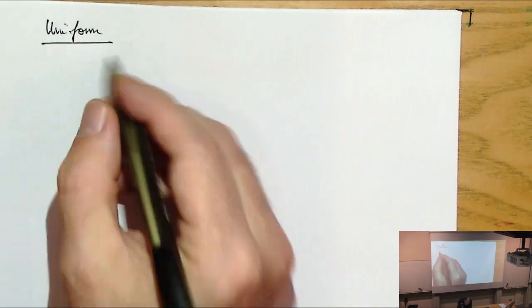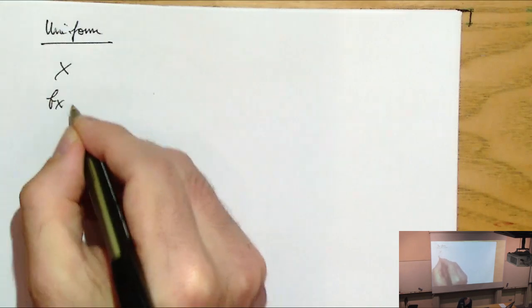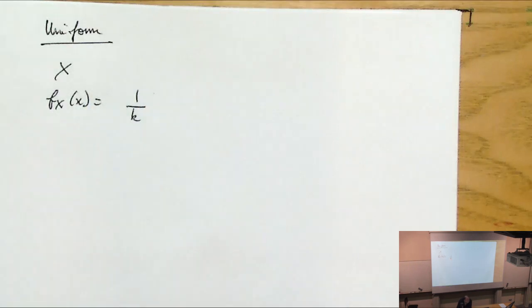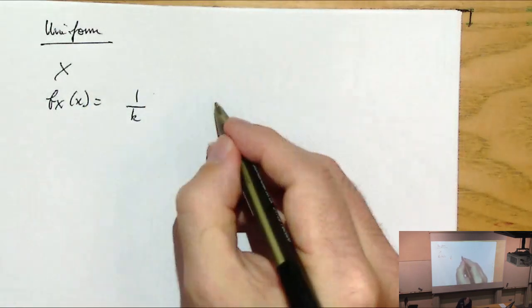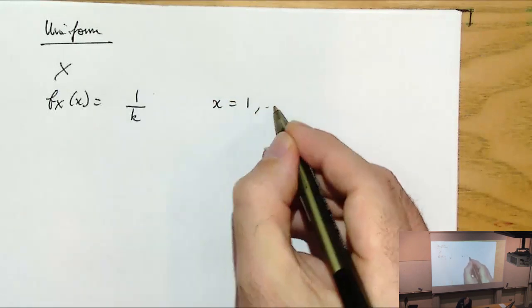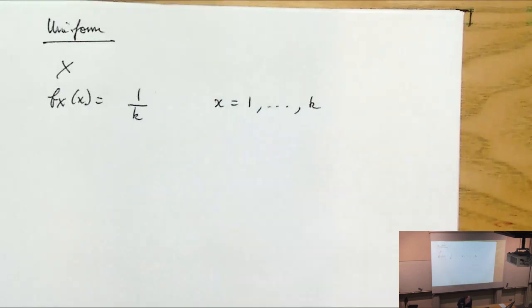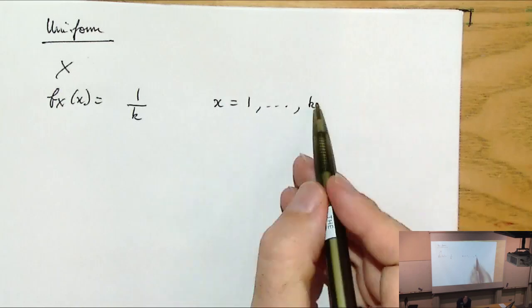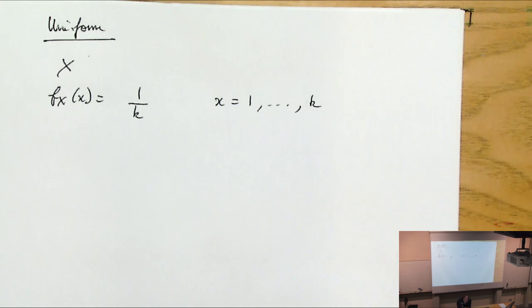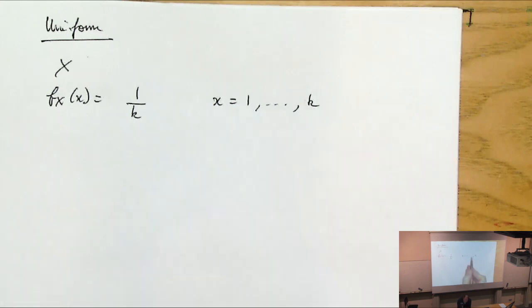So here, my random variable x will be uniformly distributed when I have a probability mass function that is given by 1/k, and x can take k values from 1 to k. So when you throw a die, k is equal to 6, so you have a probability 1/6 of a certain value to occur. Okay, so pretty simple.